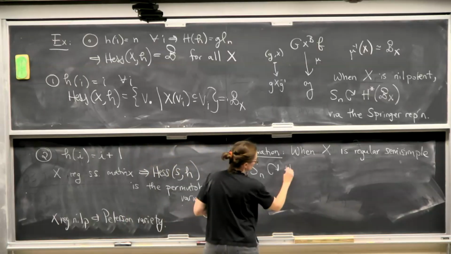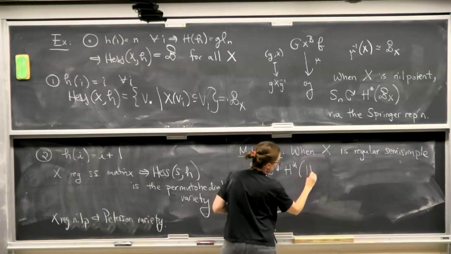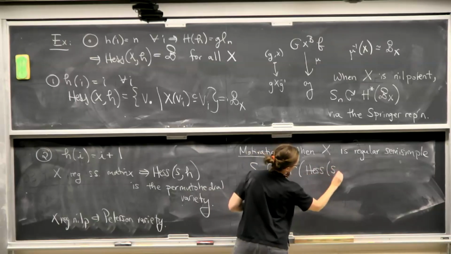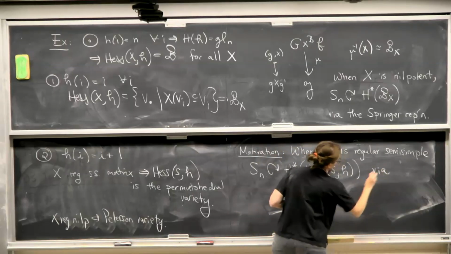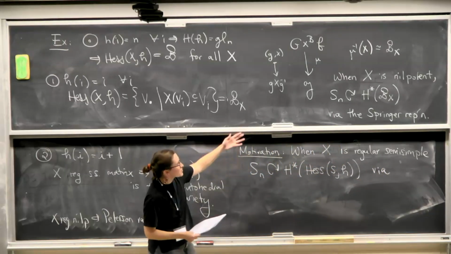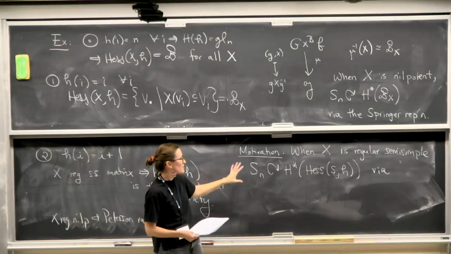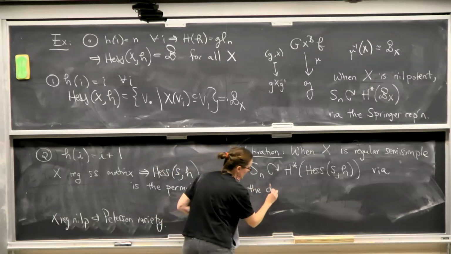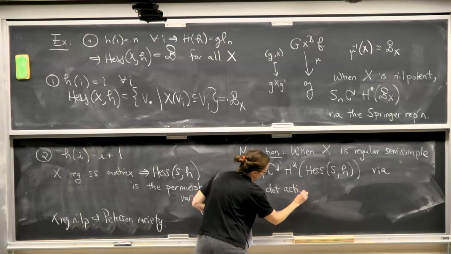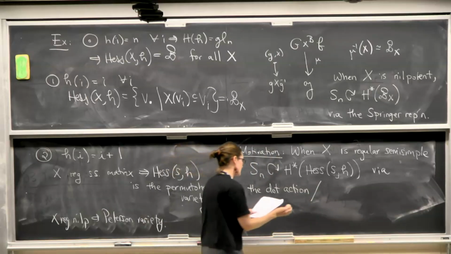So then the symmetric group is acting on the cohomology of your regular semi-simple Hessenberg variety. This is a different action than what comes up in the Springer representation. This is the dot action. But you can also call this the monodromy action.